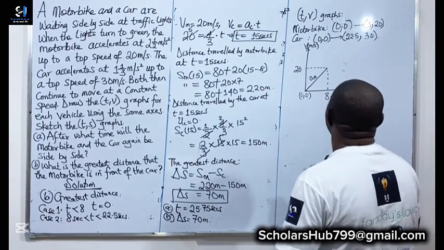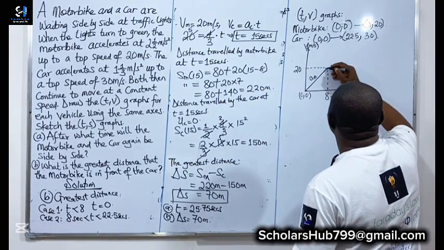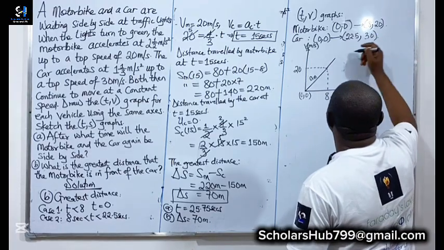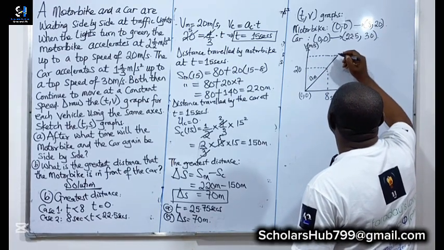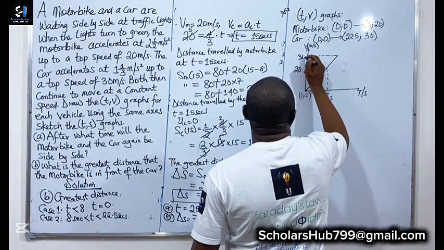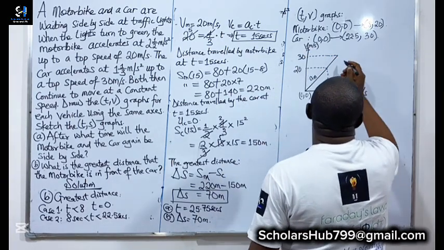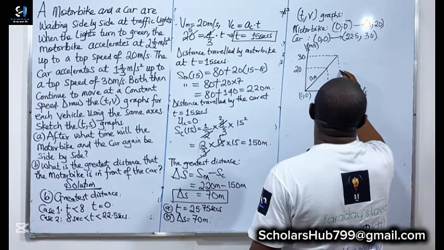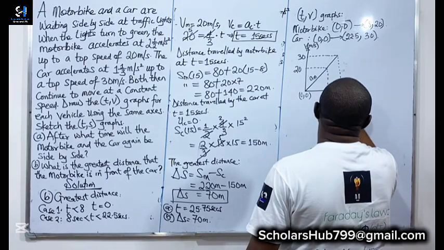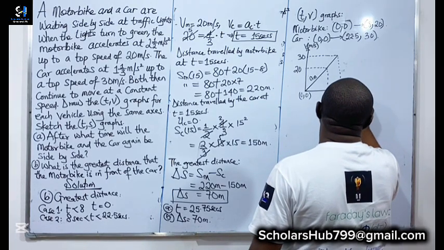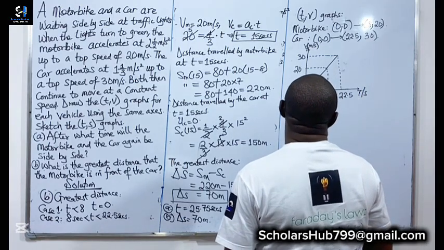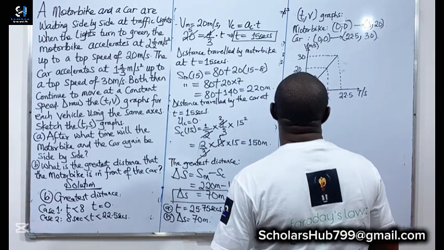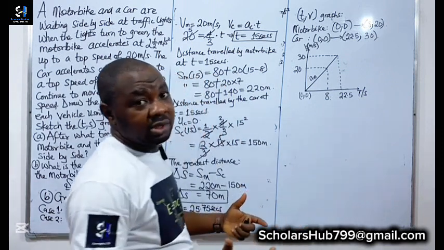Now using the same axis, it gets to 30 when the time is 2.5 seconds. All right, so this is more like a sketch. It is not drawn to scale.